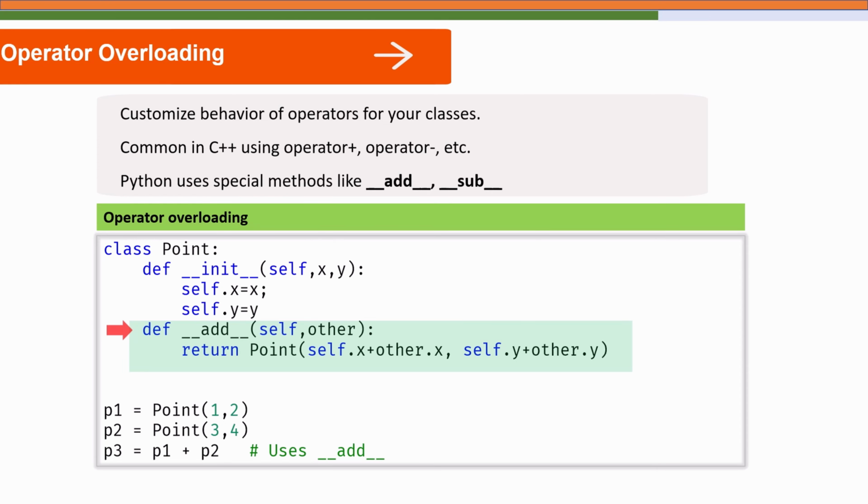So it returns the summed version of two points, that is, it adds two points together. Now you can create two objects of the Point class, and then finally you write p3 = p1 + p2. That line basically calls the special method that we have just written, named __add__. So we can define our own magic methods to implement operator overloading in Python.